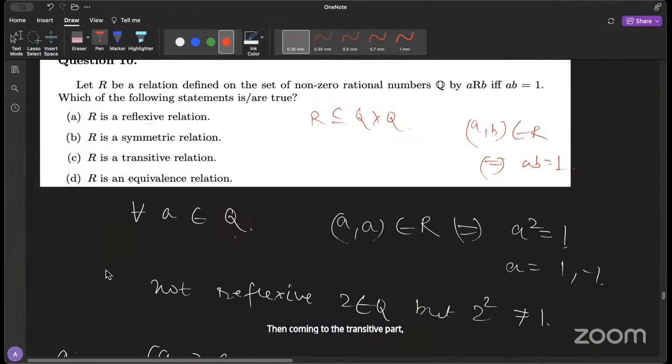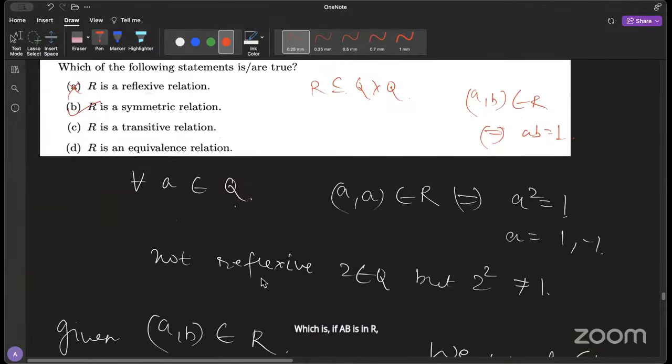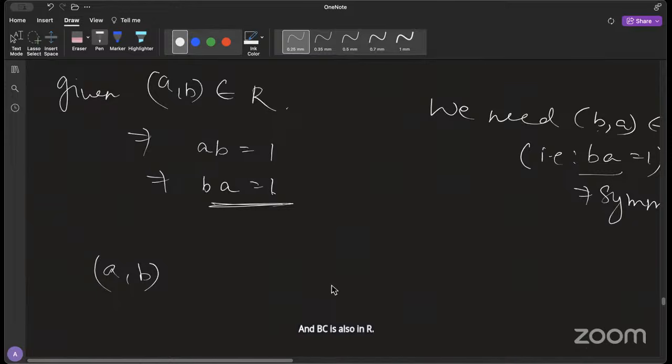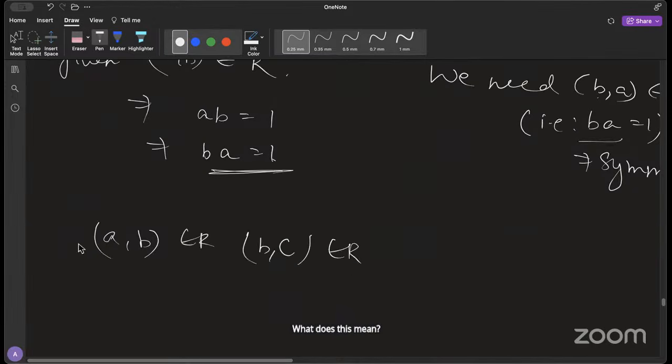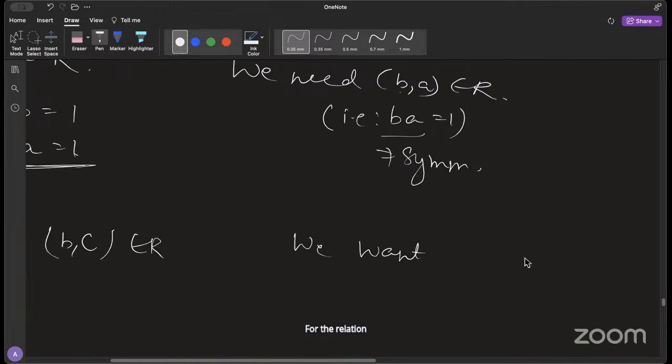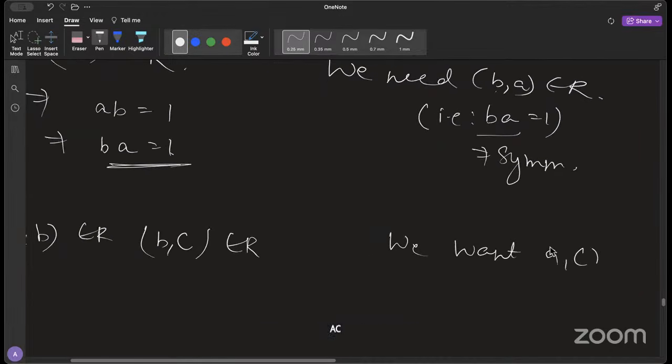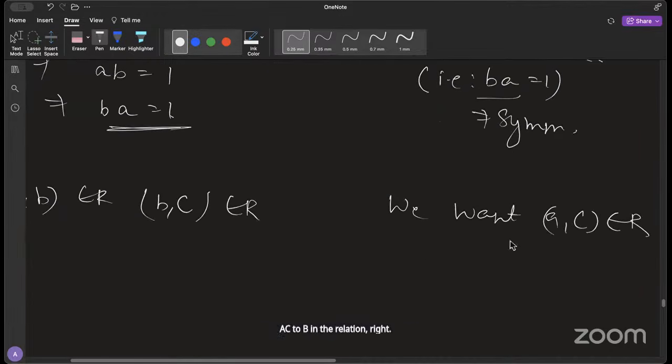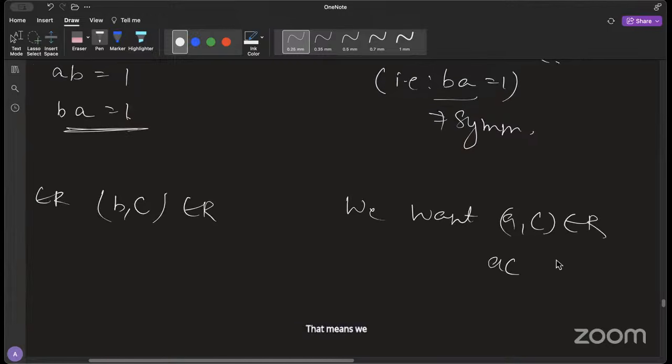Then coming to the transitive part: if (A, B) is in R and (B, C) is also in R, this is given to you. For the relation to be transitive, we want (A, C) to be in the relation, meaning we want the product of A and C to equal 1.